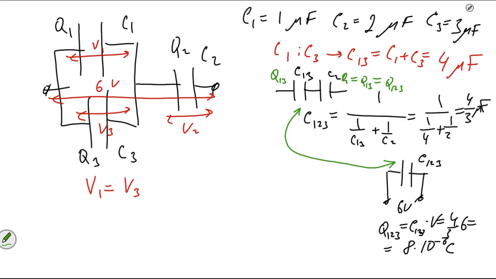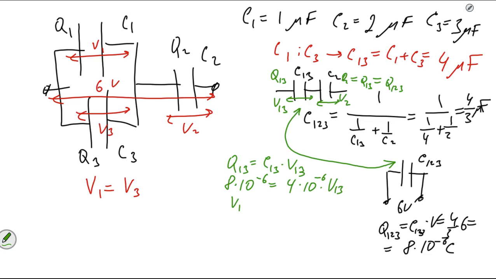And now we can move back to the previous circuit. This is V13, this is V2. So Q13 equals C13 times V13, and that means 8 times 10 to the negative 6 equals 4 microfarad times voltage.